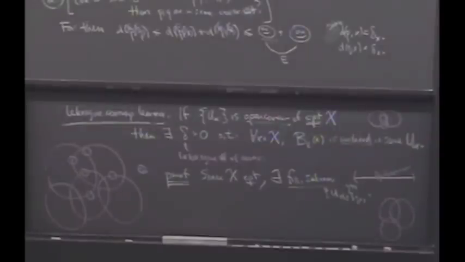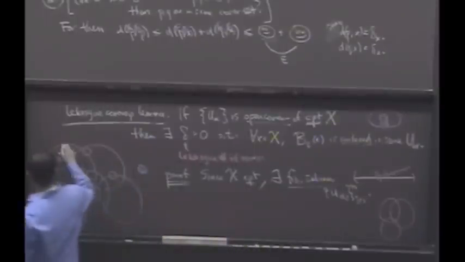But I'm going to use a very similar idea here. So, how about the following? Would you agree that if these sets are open, then their complements are closed? So it makes sense if I have some point x here to talk about the distance between x and this set.